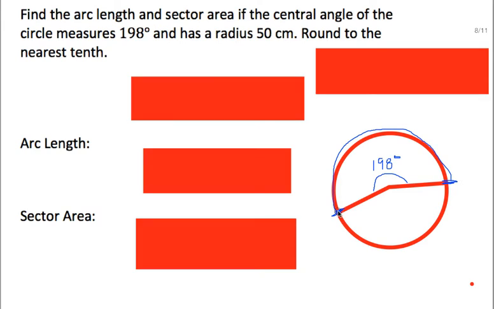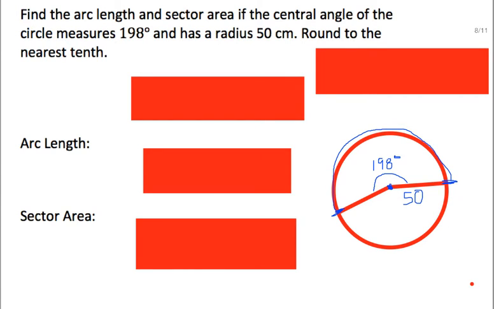So basically, if I took a string, I could run it along this and then measure the length of my string. But we don't have string, and this picture is not drawn to scale very well because our radius is supposed to be 50 centimeters, and most of you can see that that radius is not to scale.